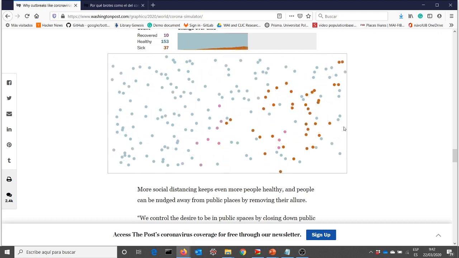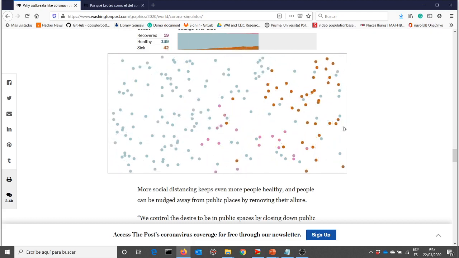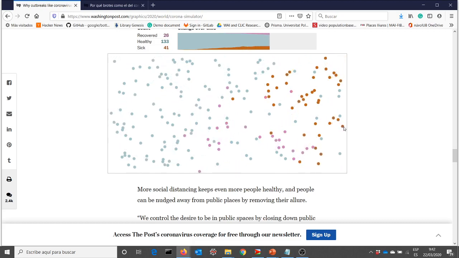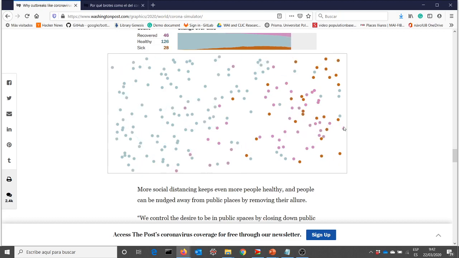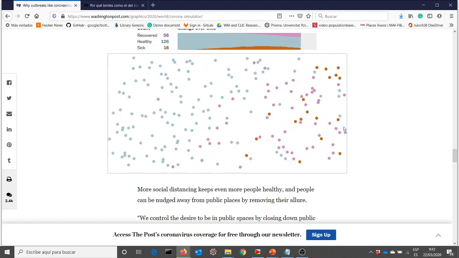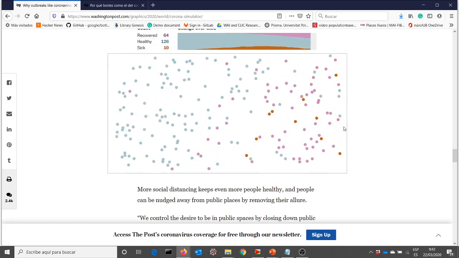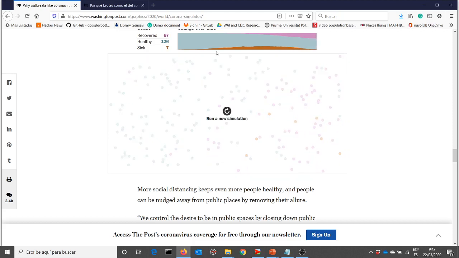So the rest are staying at home. That means that much fewer people are getting sick. We can see how the curve is much more flattened than previous curves.